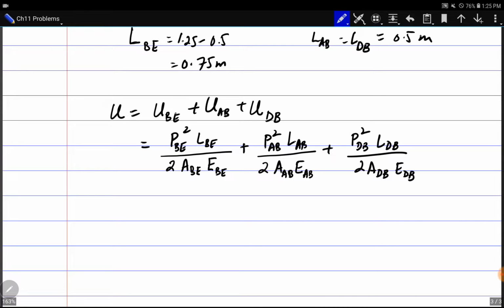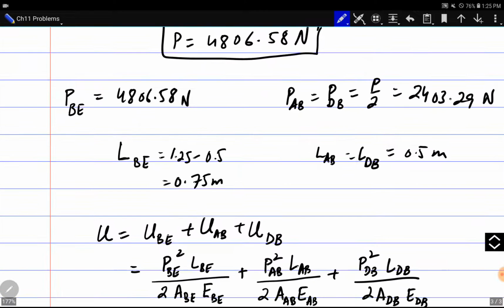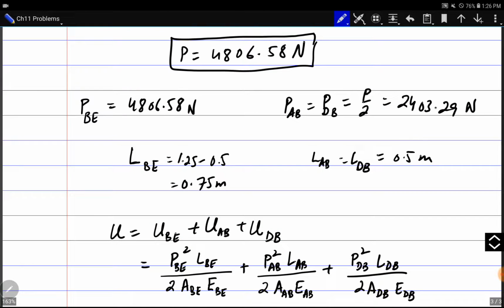All of these values are known. PBE, PAB and PDB are all calculated here. Length of BE, length of AB and length of DB are known. Area of BE, area of AB and area of DB are all the same. I will write it here.